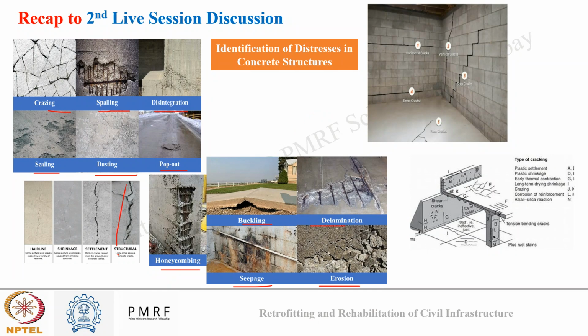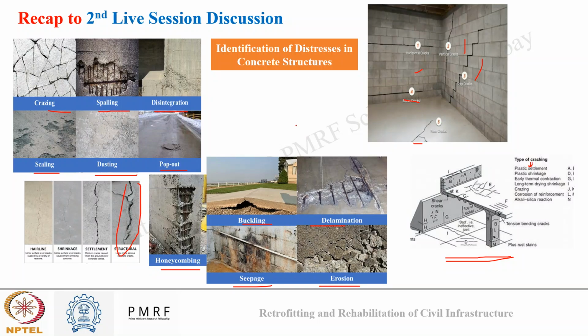Like here, you can see major cracking, and these are some of the examples of structural cracking occurring in a building. Along with this, we also talked about non-structural cracking, which is mostly minor, and these are a few examples that we saw, which can be the reasons for non-structural cracking. Okay. We also brushed up some of the definitions of active, dormant, isolated, and pattern cracking.